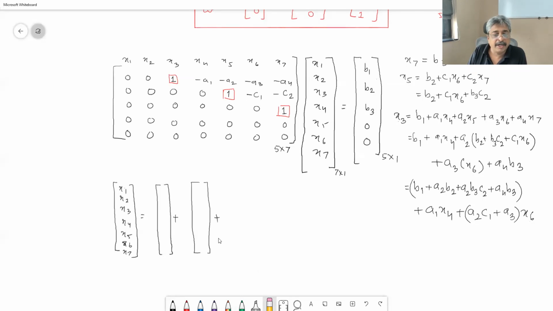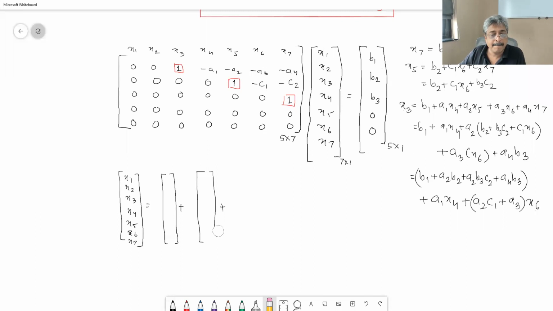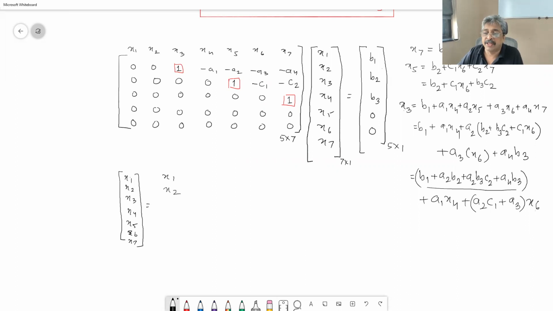We will first write down the expression. x1 is equal to x1 free, x2 is equal to x2 free, x3 is equal to, let us call this bracket as k1 constant, plus a1 x4 plus k2 x6.